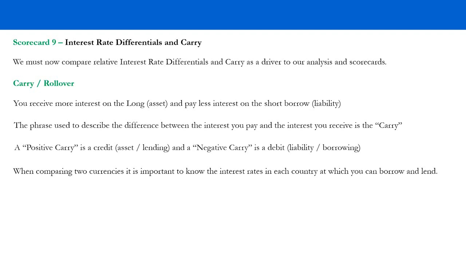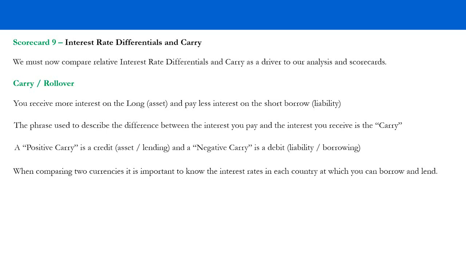Now, just recapping on the carry rollover, what is actually happening is you're attempting to receive more interest on the long asset and pay less interest on the short asset. So the long side of the currency pair versus the short side of the currency pair. And the long side is in itself the asset because you're receiving interest on it.